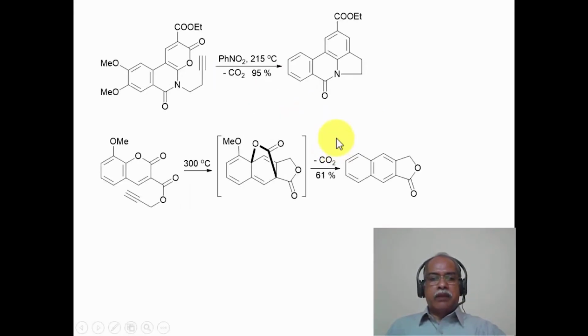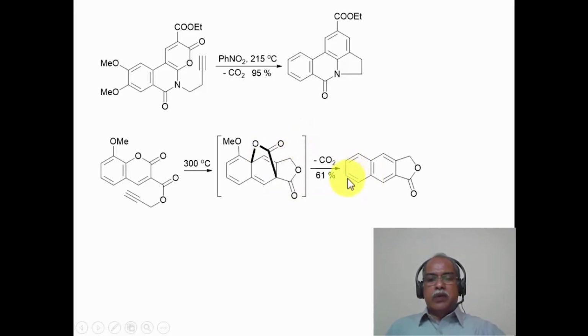These are some examples of alpha pyrone undergoing Diels Alder reaction. Alpha pyrones undergo Diels Alder reaction to give initially an adduct where the carbon dioxide bridge is present. The carbon dioxide bridge is not a very stable bridge for the reason that you have an angle strain associated with the carbonyl carbon, which cannot accommodate 120 degrees in this particular case.